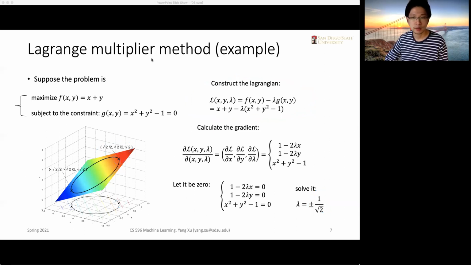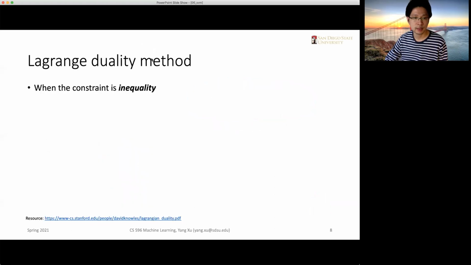A more complex example is the case when we have constraints not in equality, but in inequalities.